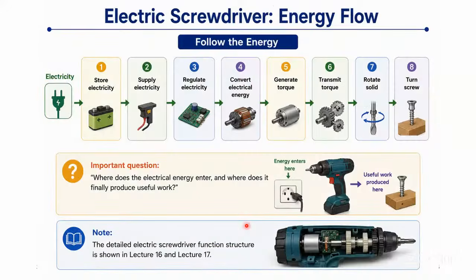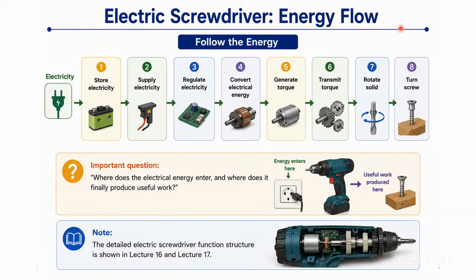So if you take the electric screwdriver and consider the energy flow, we start with the electricity that is given as the input. Then how is the flow? You store the electricity, you supply the electricity for the device, then you regulate the electricity in the required format. You cannot give an AC signal and ask it to operate. Sometimes you need to regulate it, convert the electrical signal to required form.